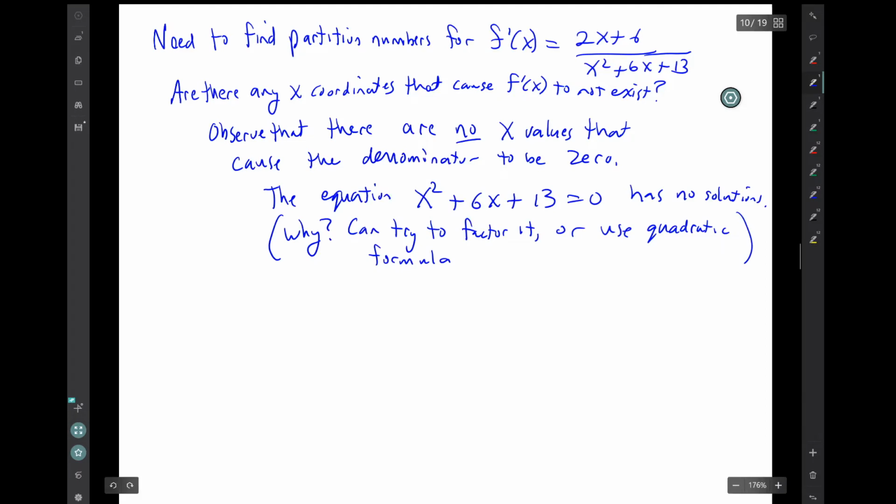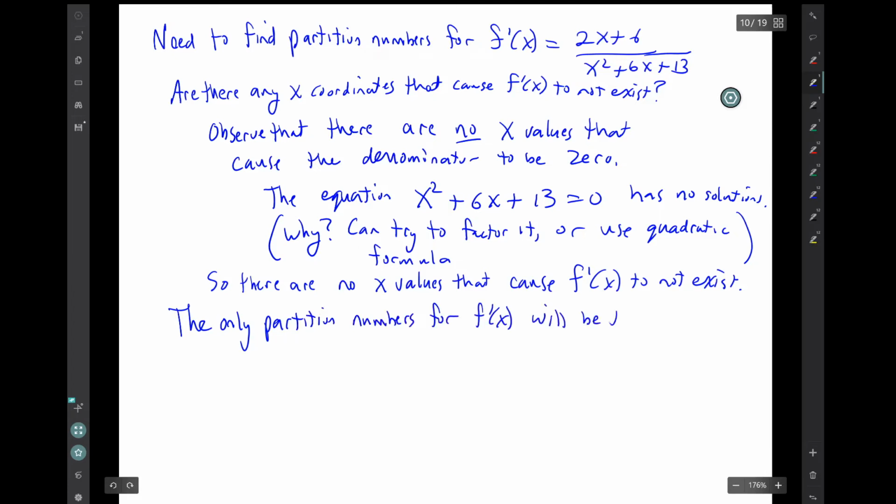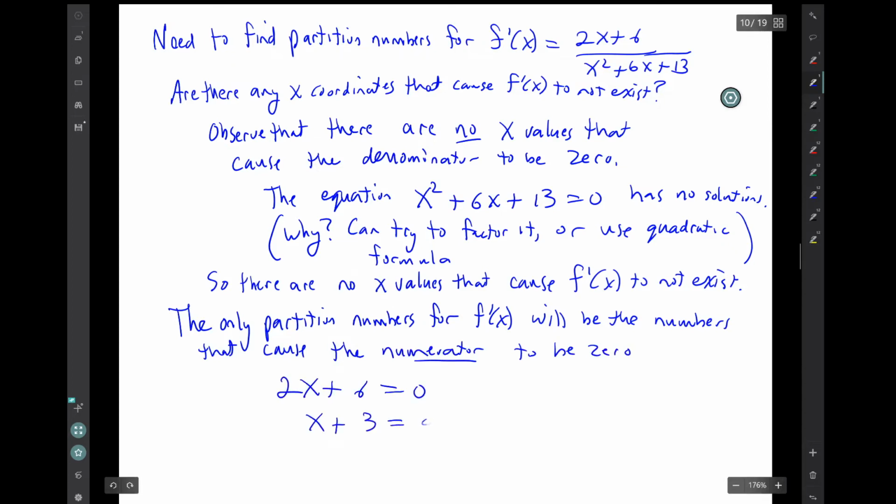So there are no x values that will cause f prime to not exist. So the only partition numbers for f prime will be the numbers that cause the numerator to be 0. So we see that the only partition number for f prime is x equals -3.